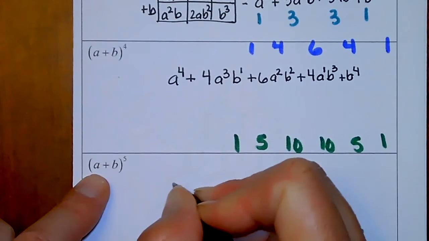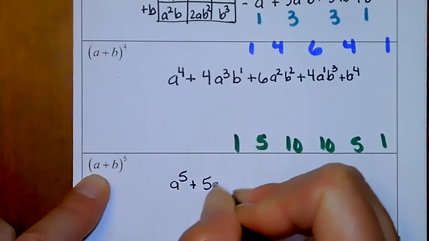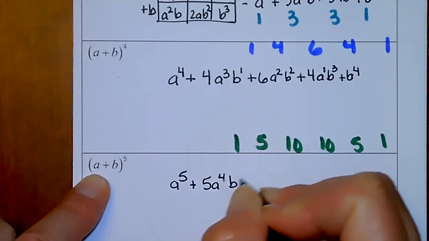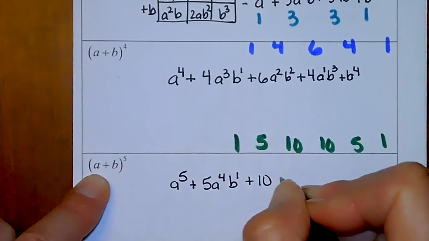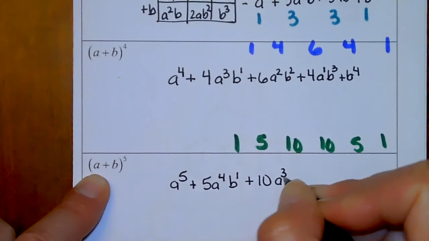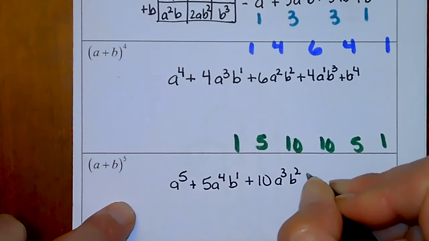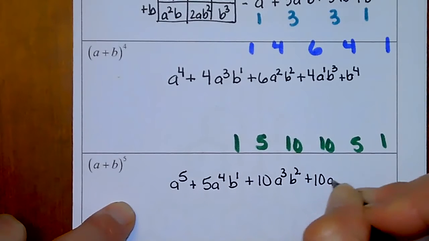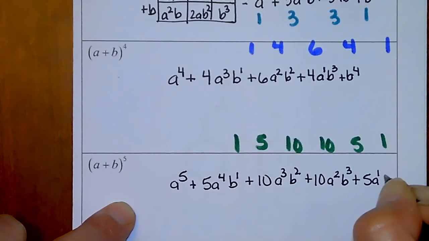So again, I'm going to start with my A to the 5th plus 5, A to the 4th this time, B to the 1st, or again, just B, plus 10, A to the 3rd, and what adds with 3 to get 5? 2, so this is going to be B to the 2nd, plus 10, A to the 2nd this time, so my B would be to the 3rd, plus 5, A to the 1st, which means my B is going to be B to the 4th, plus B to the 5th.